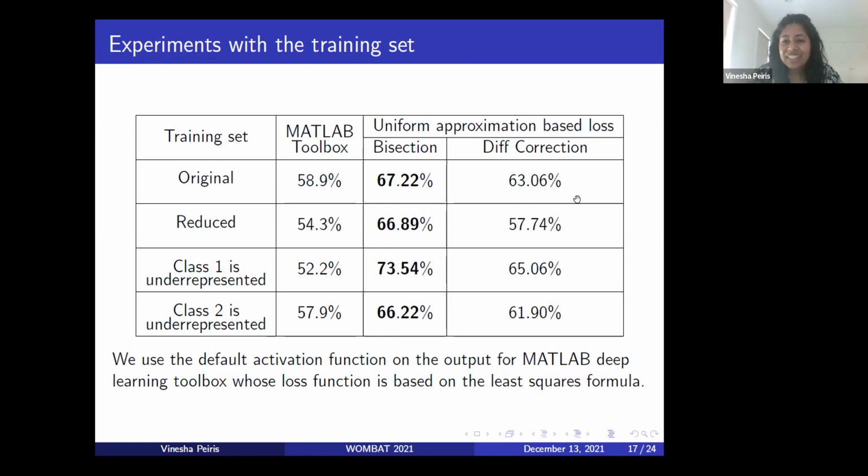So I think those two normalization conditions are different, and due to this, the differential correction method computes lower classification accuracies than the bisection method. But at the same time, the differential correction method has better classification accuracies than the MATLAB toolbox. Oh, cool. That's very interesting. Thank you very much.